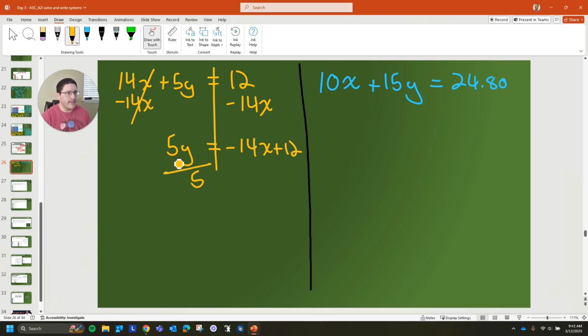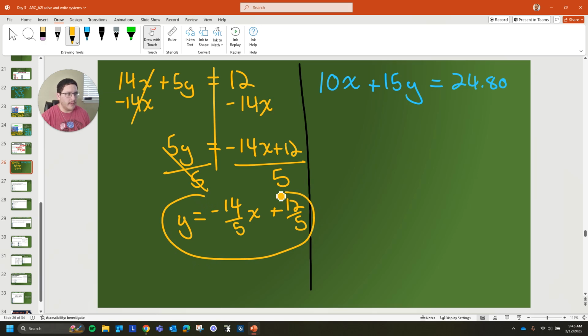Then divide everything by 5, and I get y equals negative 14 over 5x, because 14 and 5 do not divide, plus 12 over 5, because 12 over 5 does not divide either. And then here's my first equation. An alternative way we could have done this is y equals 12 minus 14x, divide everything by 5, and there we go.